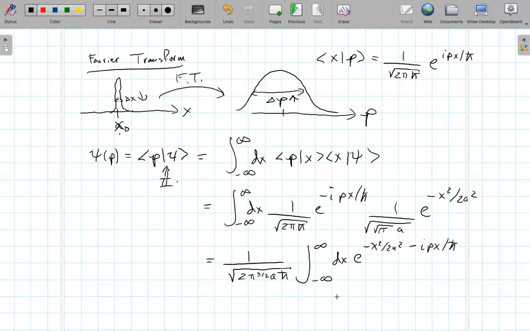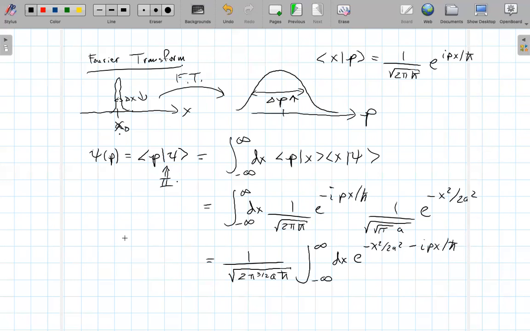That's doing okay? So basically, to do this integral, we're going to do something called completing the square. Notice that here I have a square term. This looks like a cross term, right? Because I have a momentum term times a position term, which means I can complete the square by adding on here something that looks like momentum squared.